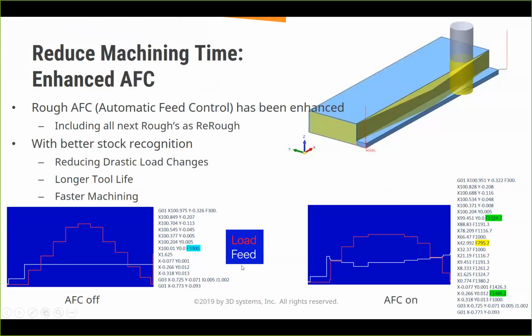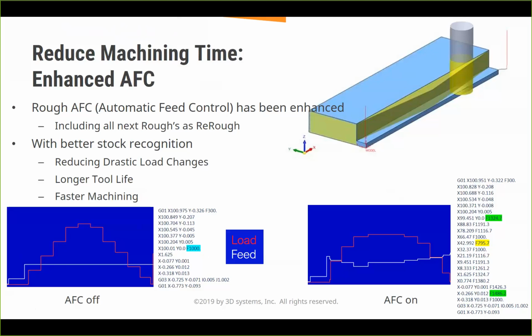The feed is shown in white, and the load is shown in red. So here we see a constant feed as programmed by AFC off. The feed is 1000. And the load goes up and down as we progress along the cut. And this is expected and good. However, at this point, probably the load is very high. It may even break the tool.